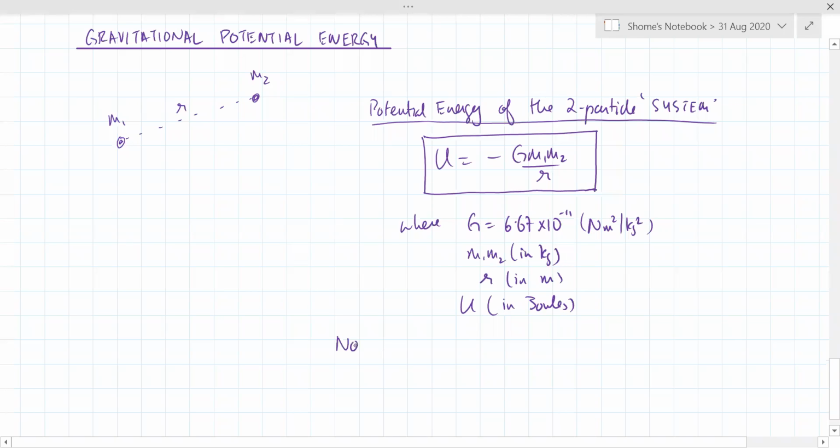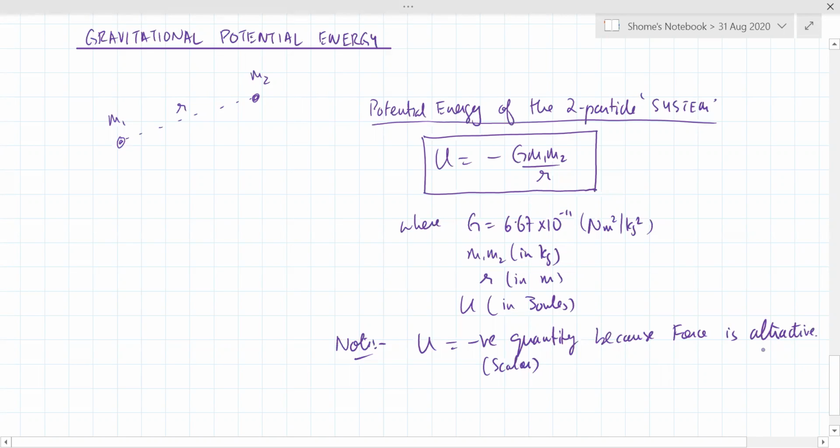And the important thing is that potential energy is a negative quantity, and obviously energy is always a scalar quantity, remember, but it is negative because the force is attractive.